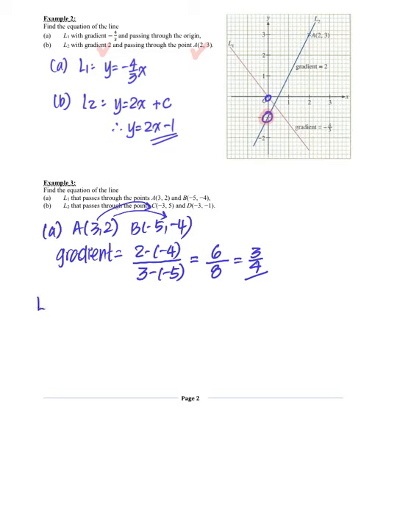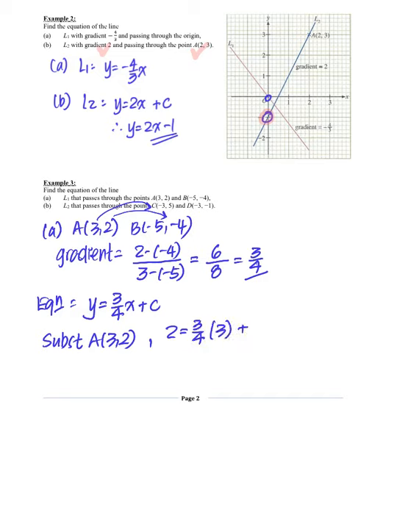So the equation of the straight line will be y equals 3/4 x plus c. How do I find c? Substitute a point, A. Since this point lies on the straight line, it definitely will satisfy the equation. I can also substitute B. So 2 equals 3/4 times 3 plus c.